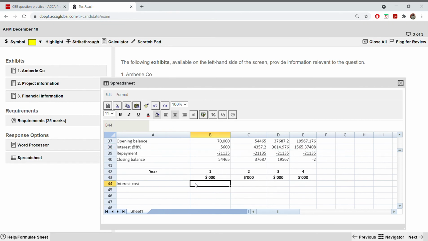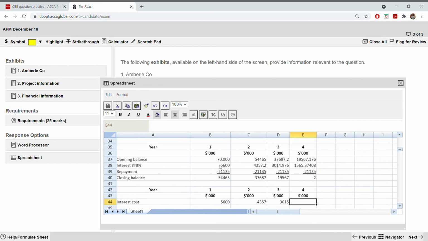So you can write the whole numbers: 5600, 4357. I'm taking the whole number. 3015, whatever the interest at 8%, this cell I'm taking. And 1565.